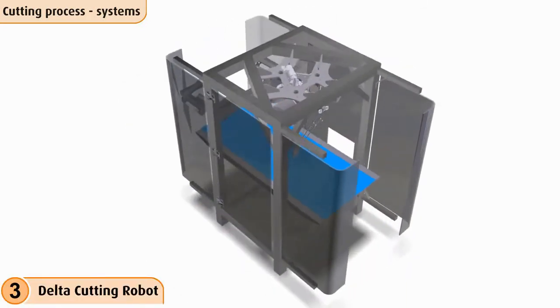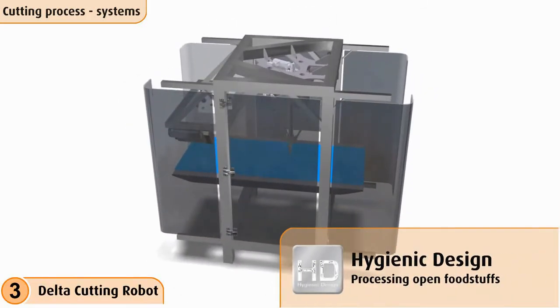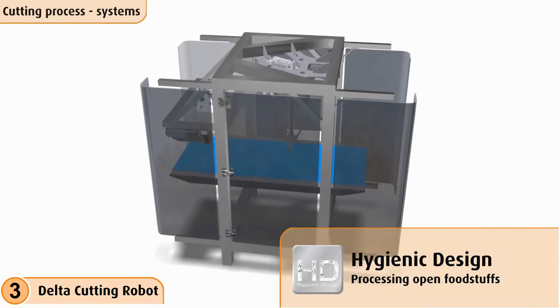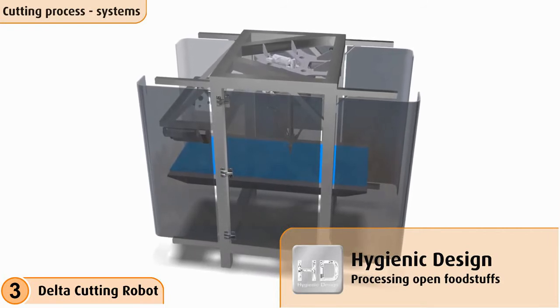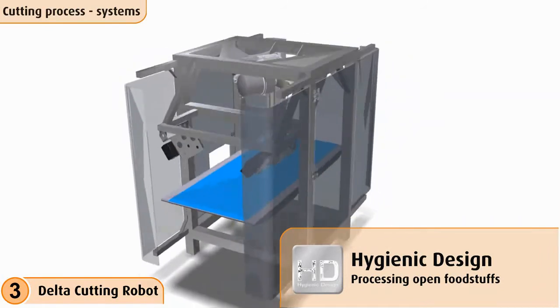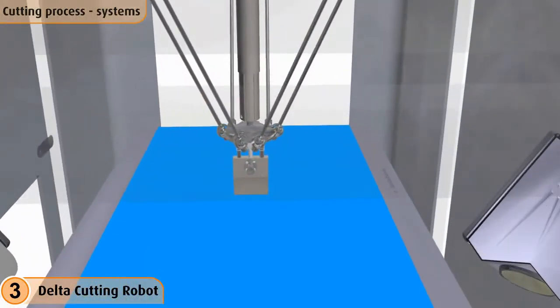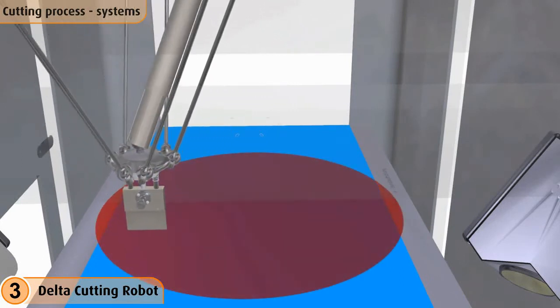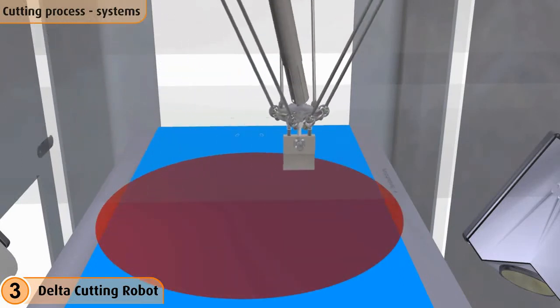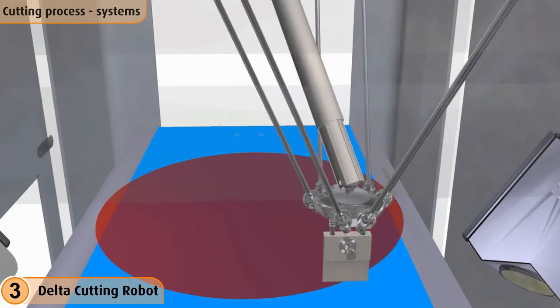A particular feature of the delta cutting robot is its hygienic design, which is why it is predestined for processing open foodstuffs. The delta cutting robot differs from other previously presented cutting systems because of its movable robot arm. With its 3 electrical drives, this can rotate freely in a previously determined radius.